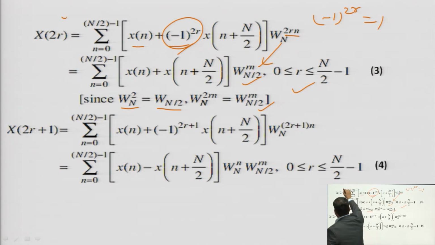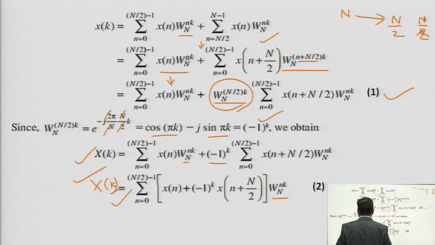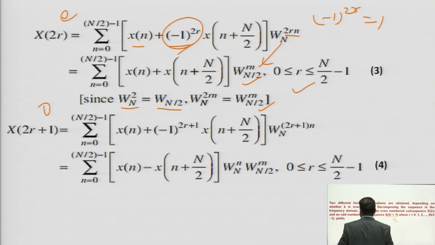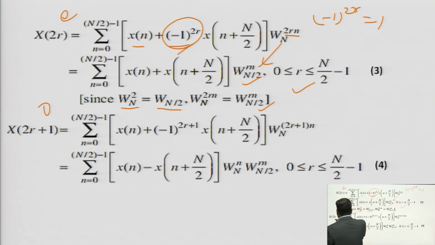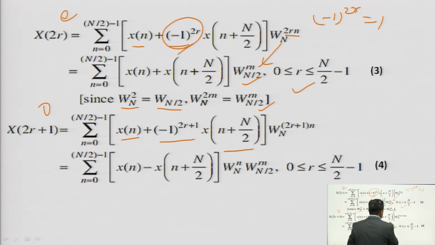Now, this is for even. Now, for odd, what you are putting in equation number 2, k is equal to 2r plus 1. Equation number 2, this was your equation number 2. Then capital X of 2r plus 1 is equal to summation from n equals 0 to N by 2 minus 1 of small x of n plus minus 1 to the power 2r plus 1 into small x of n plus N by 2, into W_N to the power n, where k is equal to 2r plus 1 into n.